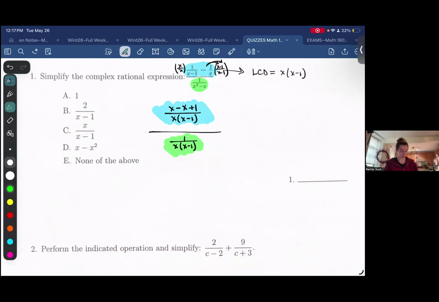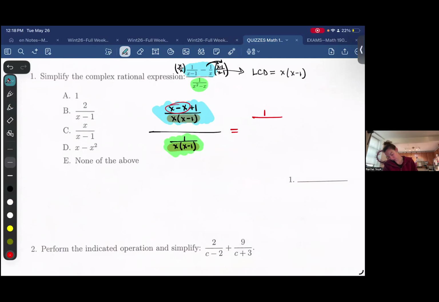Why is it helpful? Well, we know that these denominators are exactly the same, which means if you keep, change, flip it, it will cancel out. But let's simplify the numerator first. So we get x minus x, which is just 0, plus 1.